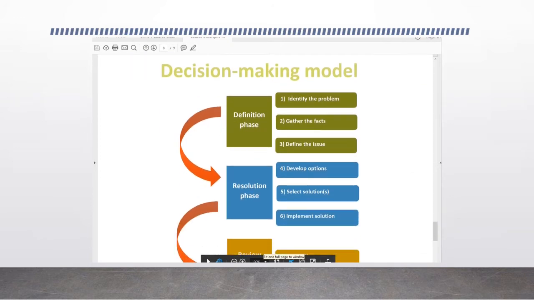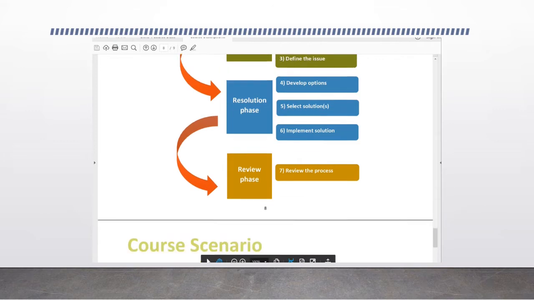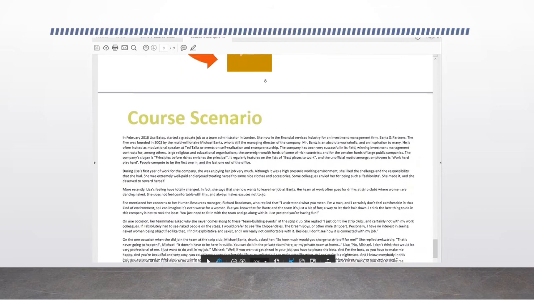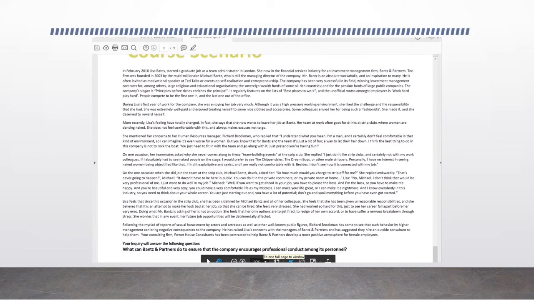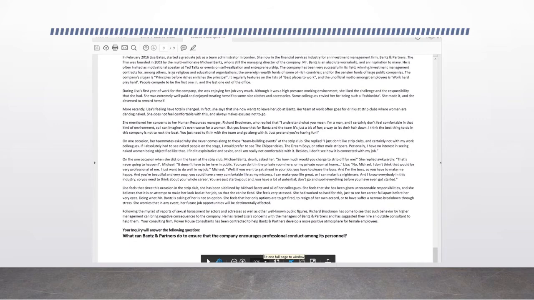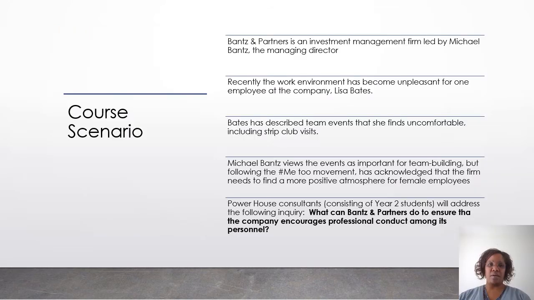This is the decision-making model that we will use throughout the course, and the course scenario is located here. This is found also in your journal, but it is also here as well as the important question that you must answer by the end of the course. Our scenario is very much based in the real world, and in fact, it's been inspired by something that we are all very familiar with since the beginning of the Me Too campaign and this idea of sexual harassment.